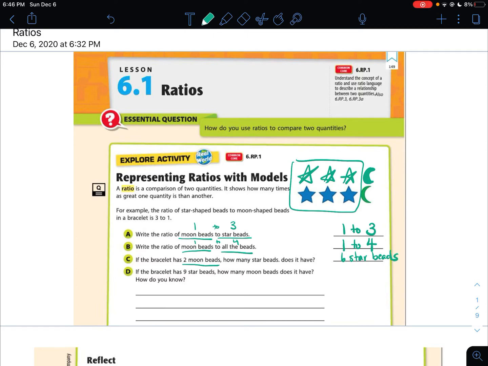Okay, sometimes drawing pictures with ratios gives you a good visual and helps you understand it, so go for it. I like to draw pictures too. I'll do that a couple times for you this unit. So D, if the bracelet has 9 star beads, how many moon beads does it have? We can extend our picture here.